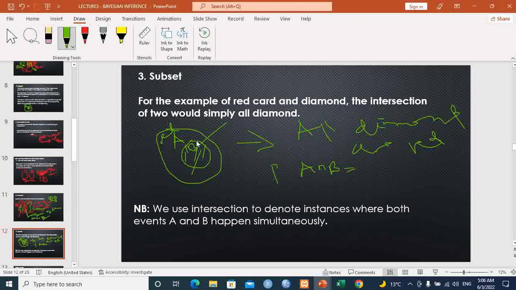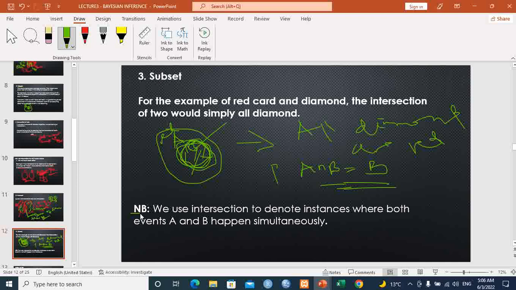When you have B, the entire B is when they are happening together. So the intersection of A and B is B. The entire B is the intersection.